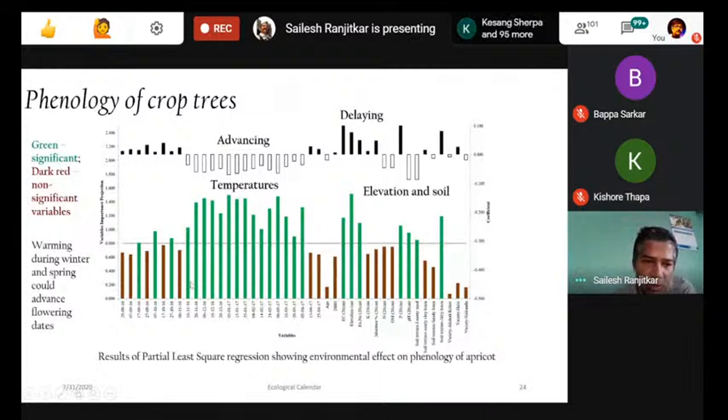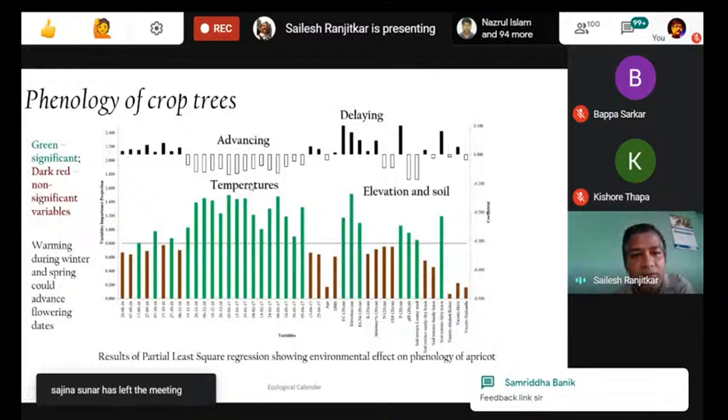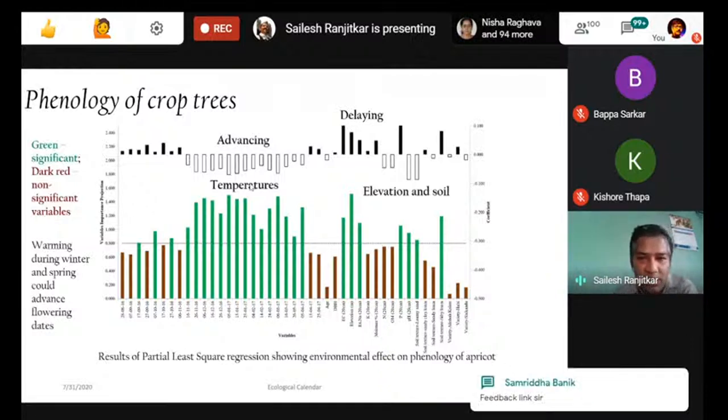We found that winter and spring temperatures are mostly significant, these green bars, and the red bars are non-significant ones. Mostly during winter and spring, temperature warming could advance flowering. That means flowering will get earlier if temperature rises during winter and spring.